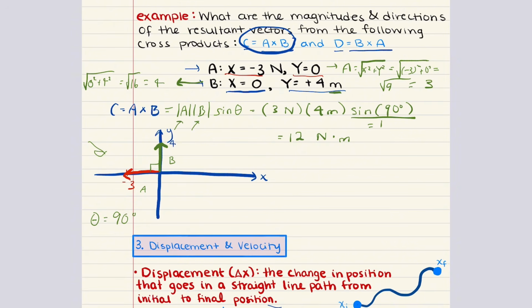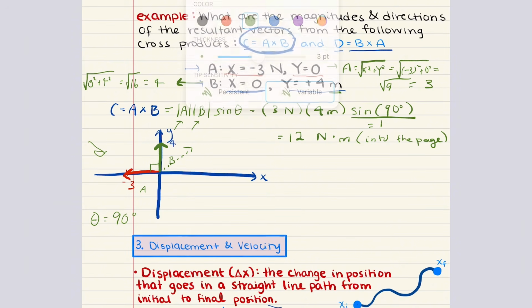All right, and notice how with your thumb to the left and the rest of your fingers up, there's a 90-degree angle between your thumb and your other fingers. Now, where is your palm pointing? Your palm is pointing downwards. So the direction of vector C is into the page. We could also draw that out on our graph and it would be in our z-axis. So vector C has a magnitude of 12 newtons times meter, and its direction is into the page.